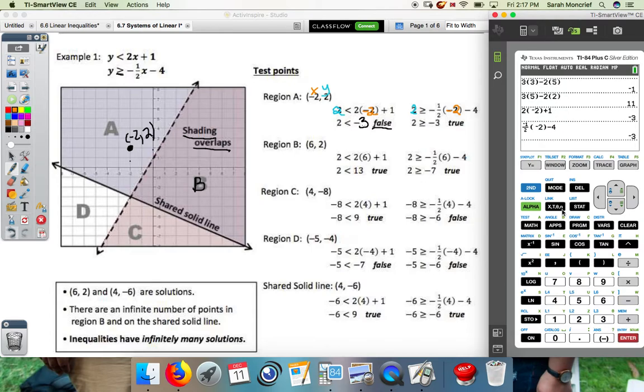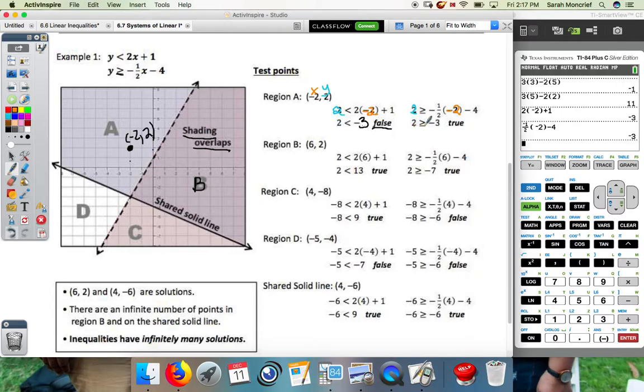And we got negative 3. So we have 2 is greater than negative 3. Would you rather have $2 or negative $3? That's right. So since this is a true statement, it is true for just the second line, which makes sense because it's in that shaded region that only the second line has shaded.